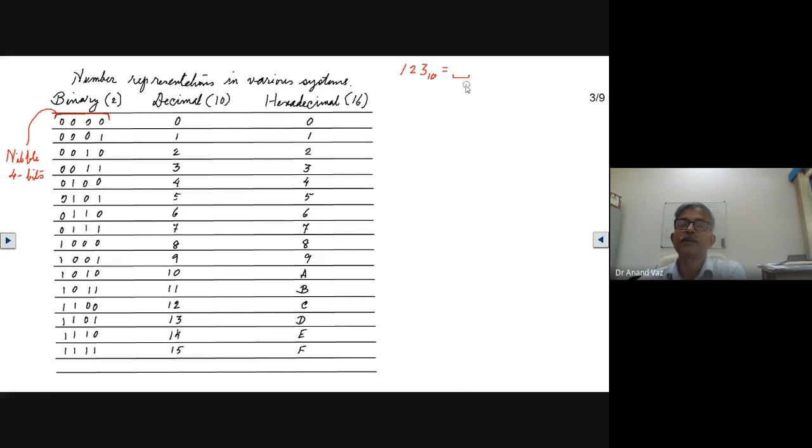So here, let's say we take one box, take another box, keep on taking boxes like this of different weightages.